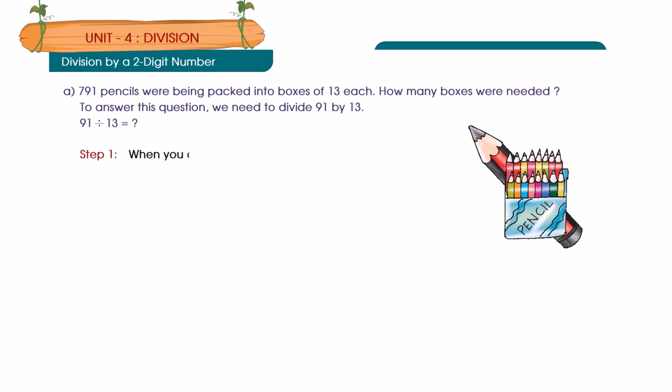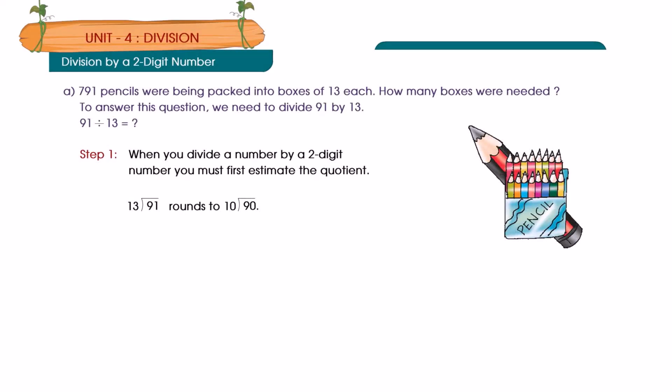When you divide a number by a 2-digit number, you must first estimate the quotient. 91 divided by 13 rounds to 90 divided by 10. To solve this, think of 9 divided by 1, which gives us 9 as the quotient. The estimated quotient is 9.